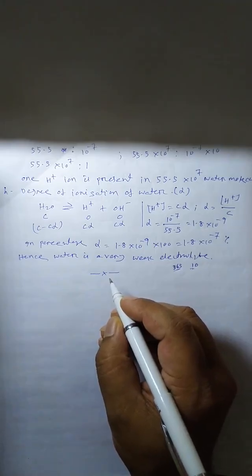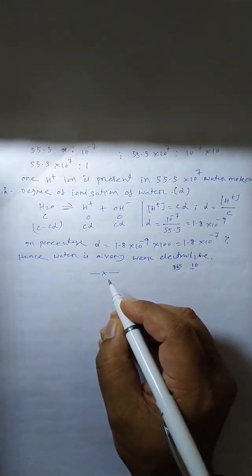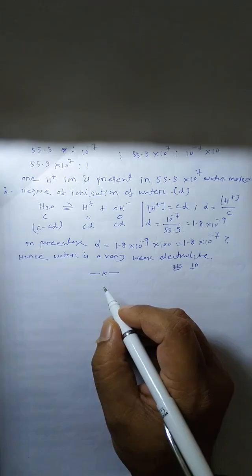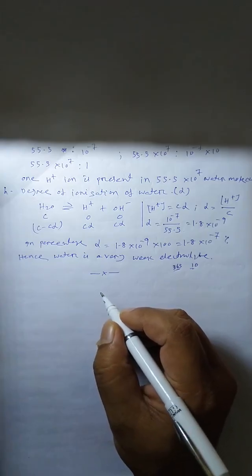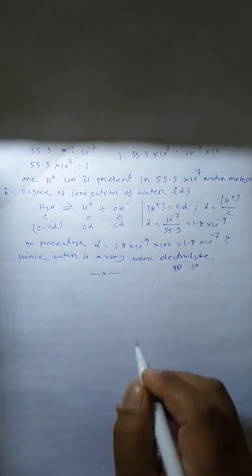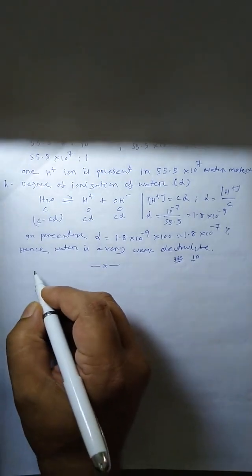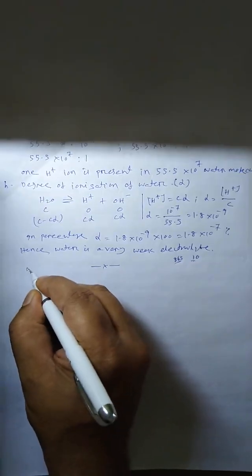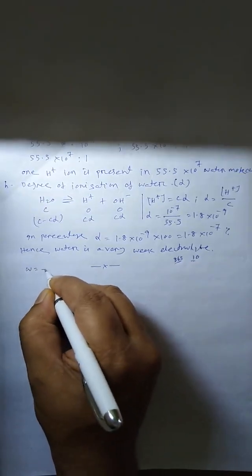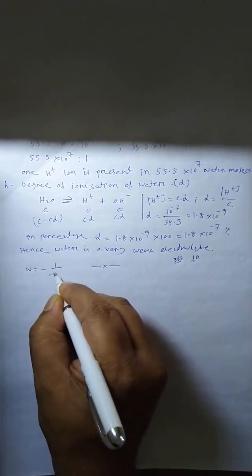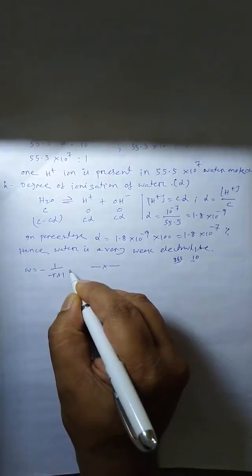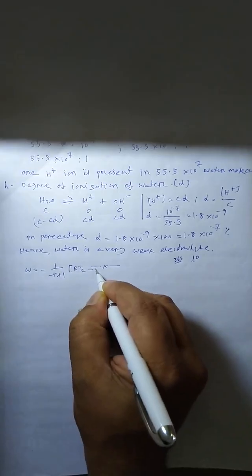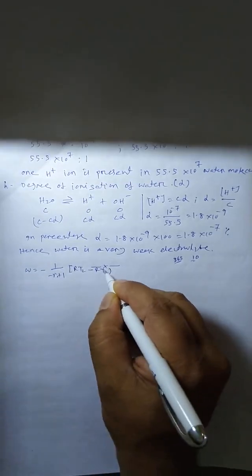We already discussed the work done in the adiabatic process of reversible expansion, and from this we already derived the work done. The work done that we get from the adiabatic process is equal to minus 1 by minus gamma plus 1, then RT2 minus RT1.